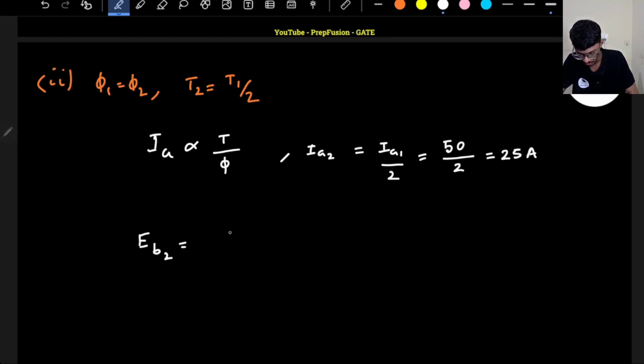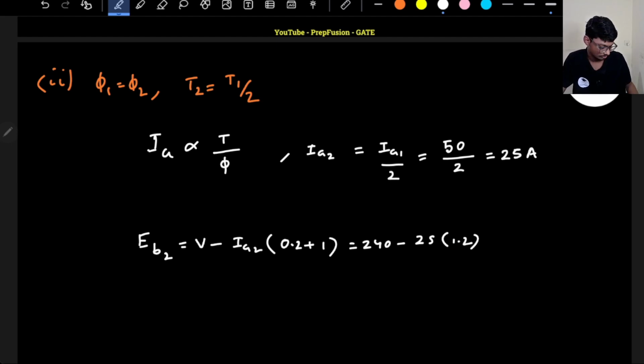So this time EB2 will be what? Again, terminal voltage minus IA2 into the armature resistance 0.2 plus the additional series resistance 1. So V is 240 minus 25 into 1.2. 25 into 1.2 is 30. So this will be 210 volts. Okay, so EB2 is 210 volts.